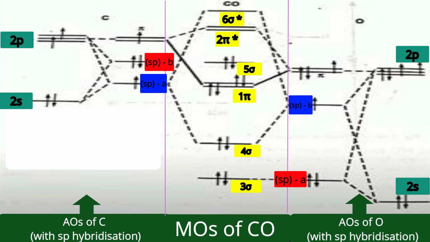Let me talk about the more electronegative atom, that's oxygen. Just see, the energy of the 2s orbital of oxygen is lower than the 2s orbital of carbon. Similarly, the energy of the 2p orbital of oxygen is lower than the 2p orbital of carbon. It is due to the high electronegativity of oxygen.